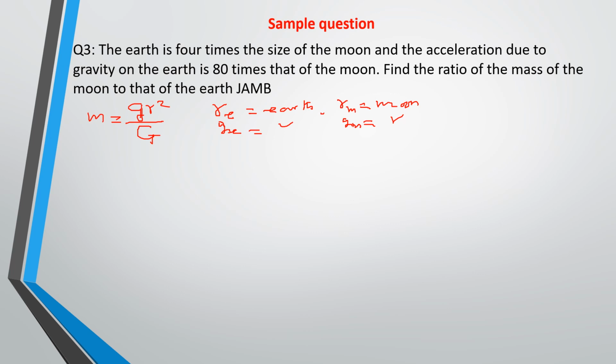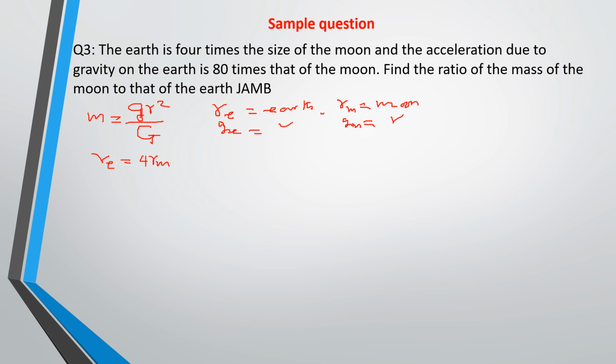Now, from the statement of the question, we are told that the radius of the Earth is 4 times that of the Moon. As the Earth is 4 times the size of the Moon, which means that if this is RE, then RE will be 4 times RM.